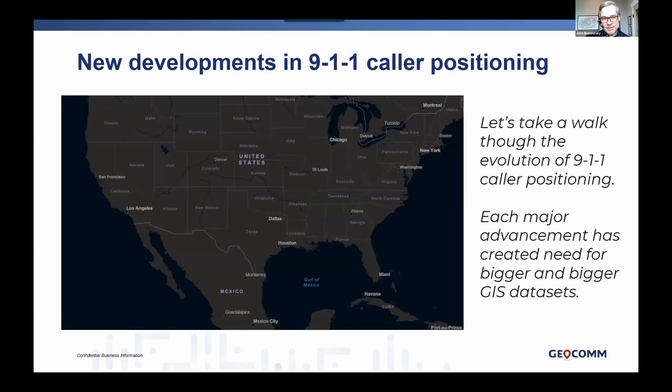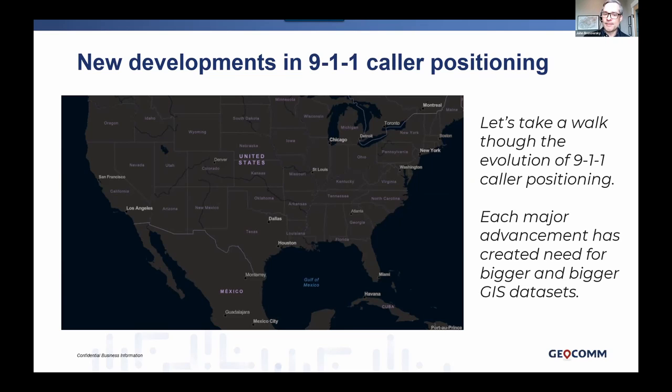But let's flash forward and get a little more modern. If you fast forward about 20 years or so, that's when 911 caller positioning started getting especially interesting, because that's when wireless 911 positioning was adopted. The FCC required wireless carriers to start calculating the position of mobile phones and sending that information to 911 dispatch centers.